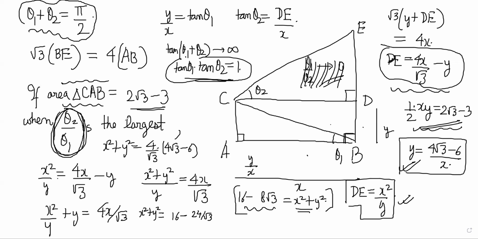What is the maximum possible value of this ratio so that these conditions are met? That is the question. Yes, sir. Sir, I got x plus y equals plus or minus 2. I did x plus y whole square minus 2xy. From that, I got minus 8 root 3 is cancelled and 16 minus 12.